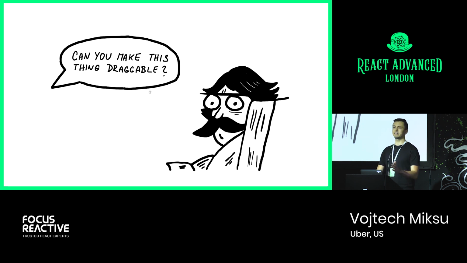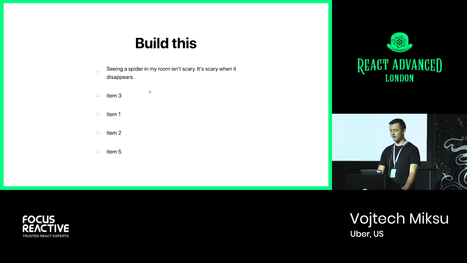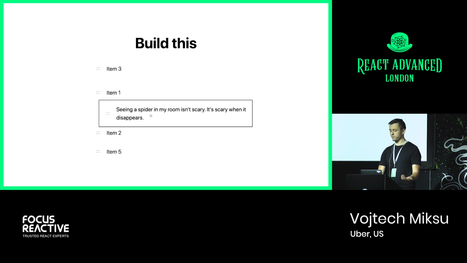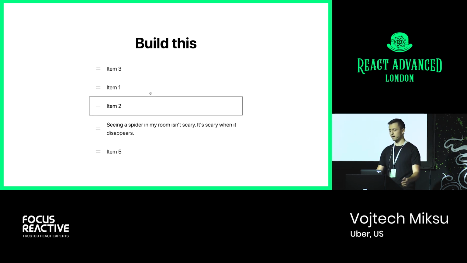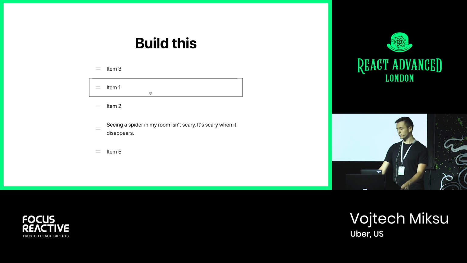In December 2018, it was a beautiful sunny morning. I came to work, opened our Jira board, and there was an unassigned ticket: build a sortable list. And it looks pretty simple on the surface, right? But each component in our system has some strict requirements.